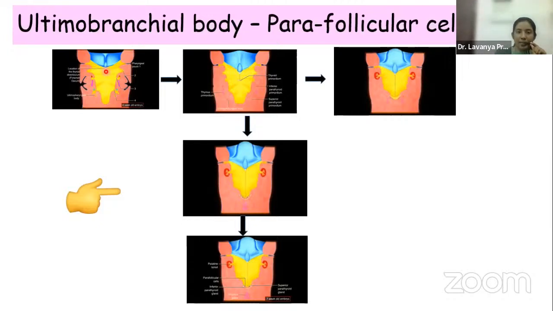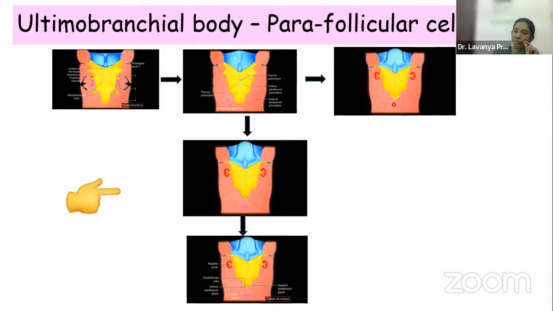This thyroglossal duct descends down till the upper part of the trachea, ending up in a structure called the bilobed mass. Further descent of the thyroglossal duct is arrested by the caudopharyngeal complex, which contributes to the formation of the parafollicular C cells of the thyroid gland.